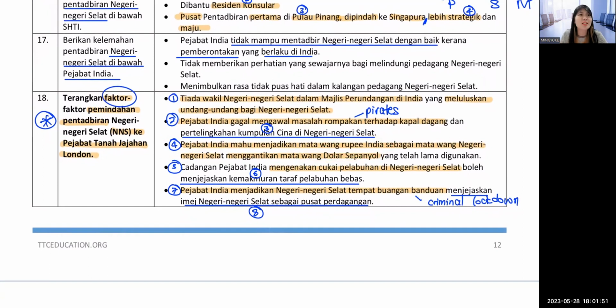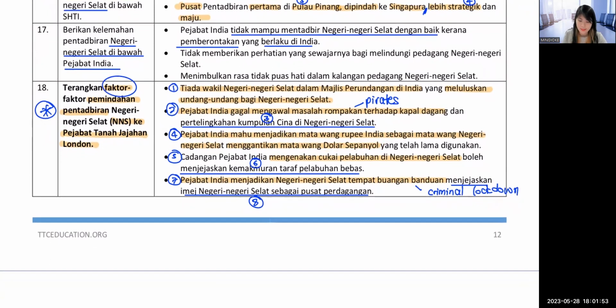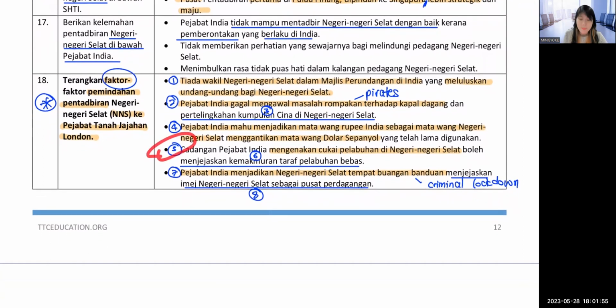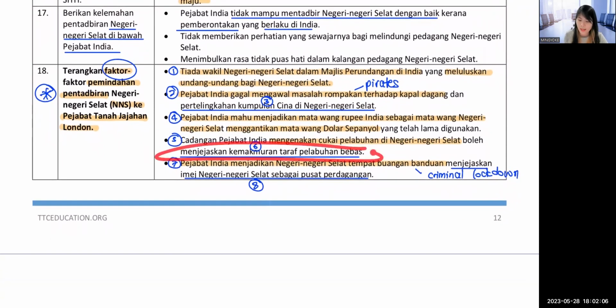Who wants to come and do business? You understand? Fifth, Pejabat India also wants to charge us import tax, which all this while our area is free of tax and will affect our prosperity. So you see fakta 1, 2 marks here. Menjejaskan kemakmuran taraf pelabuhan bebas.